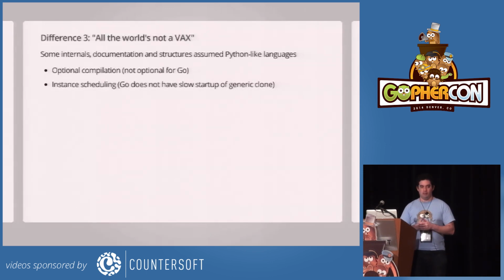For example, in the internal App Engine infrastructure, there's a bunch of internals, documents and structures in place that assumed a Python-like language where you had an interpreter that you could start generically, or a JVM that you could start generically, and then when you're ready to, you could add on the particular piece of a particular app. These were reasonable assumptions to make about several languages, but they weren't true for Go.